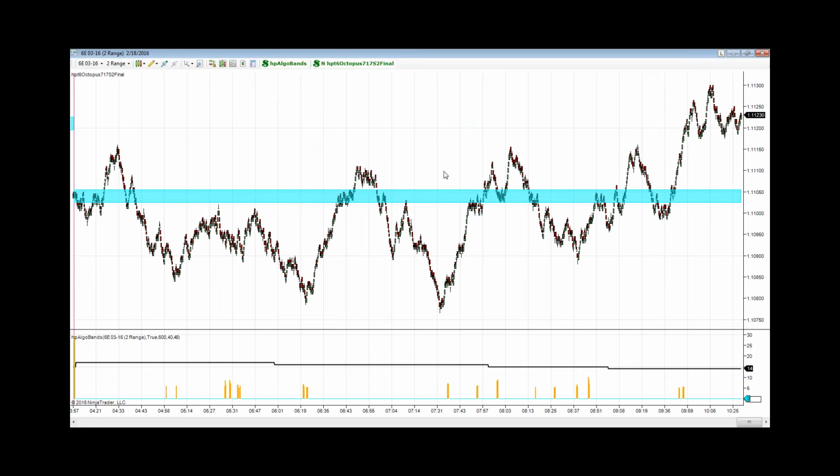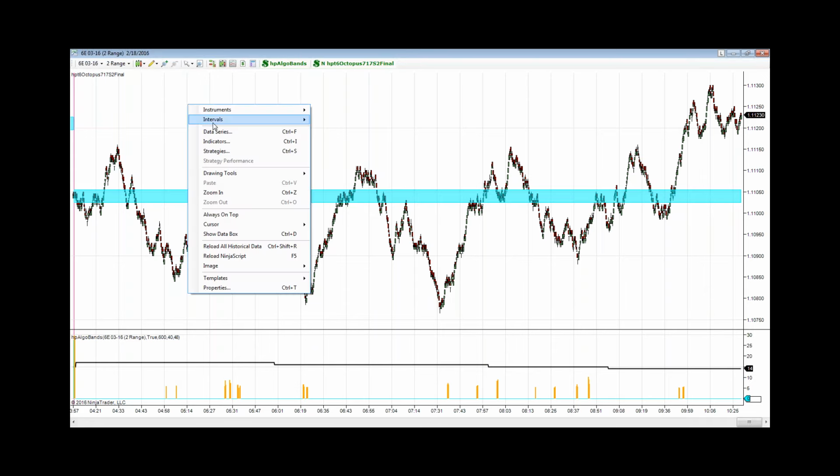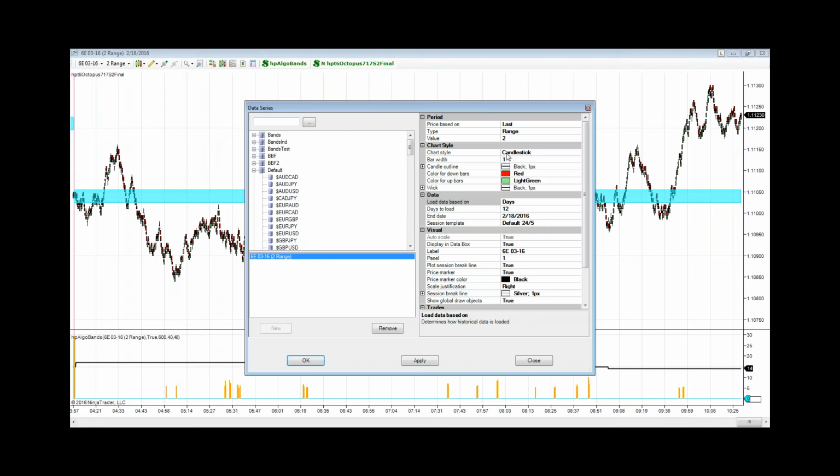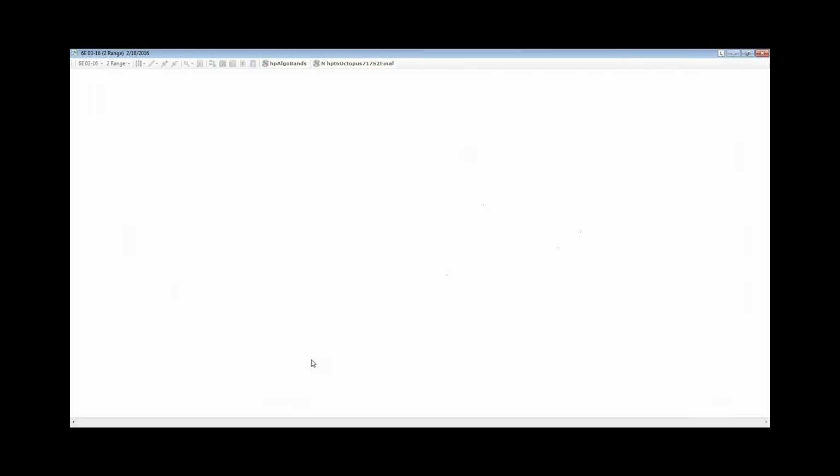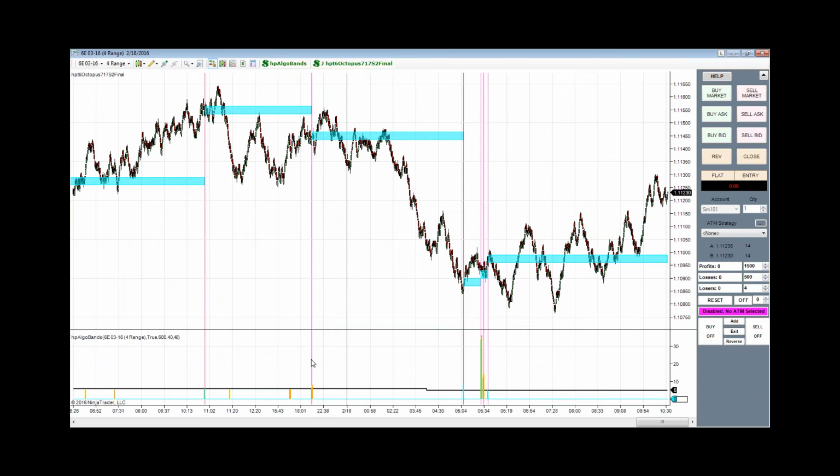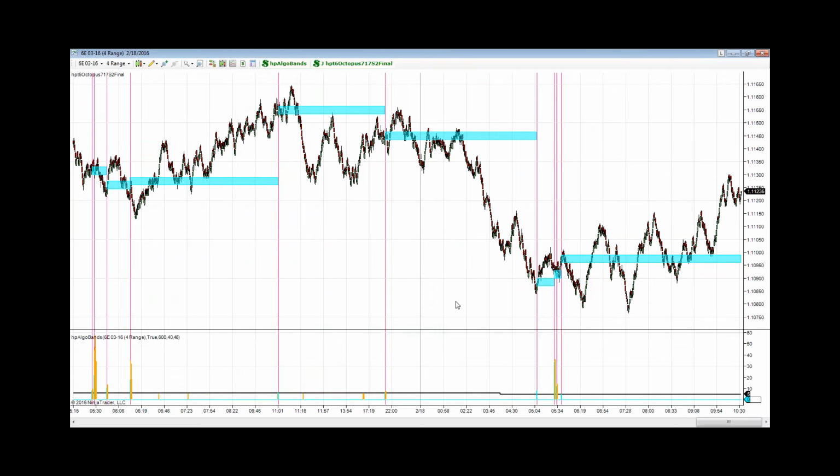If I go even deeper and I go to a 4 range, we have a much different value again. We're at 5. Okay, so where the algo bands are and where the values are is dependent upon the type of bar that you're using.